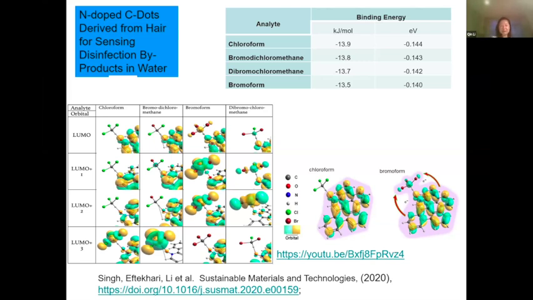It's something else. So this DFT modeling for the excited state shows the chloroform and bromoform are very similar, but with chloroform, this interaction does not draw the electrons from that lowest unoccupied molecular orbital, but bromoform does.